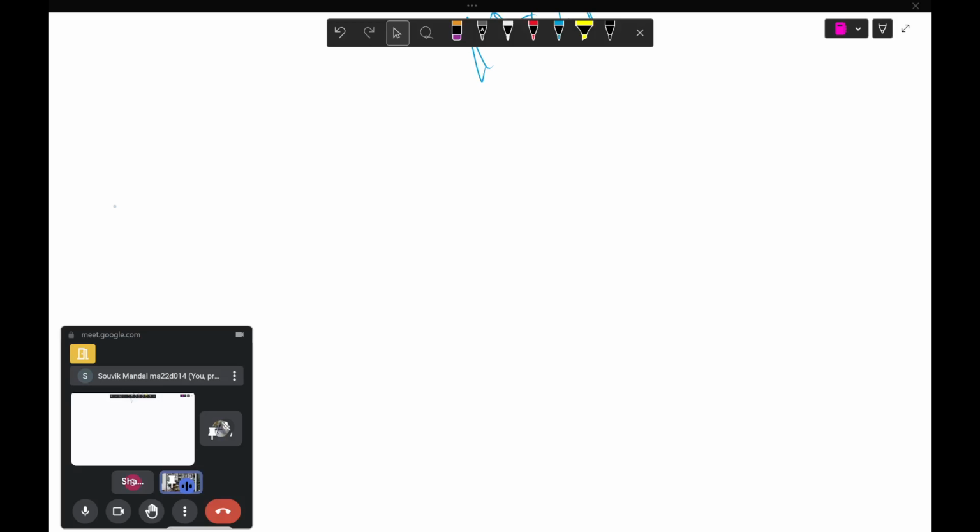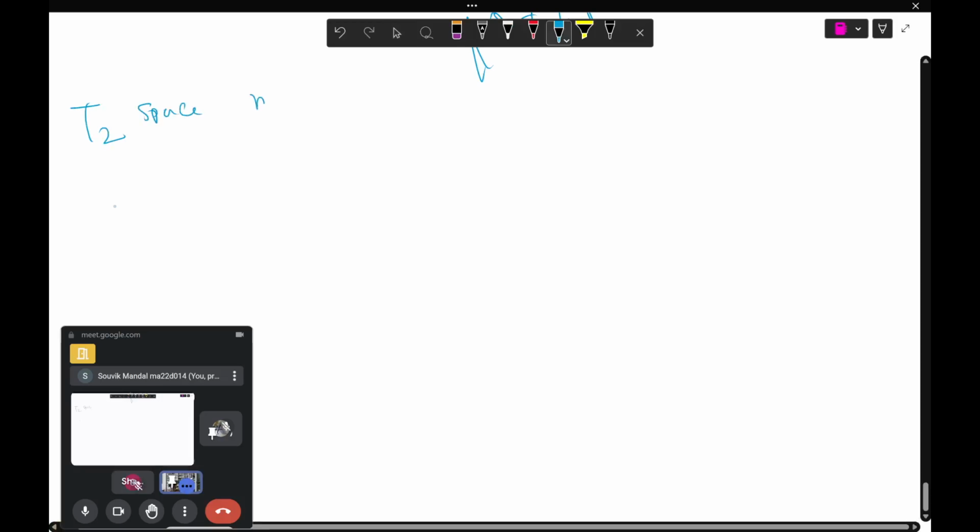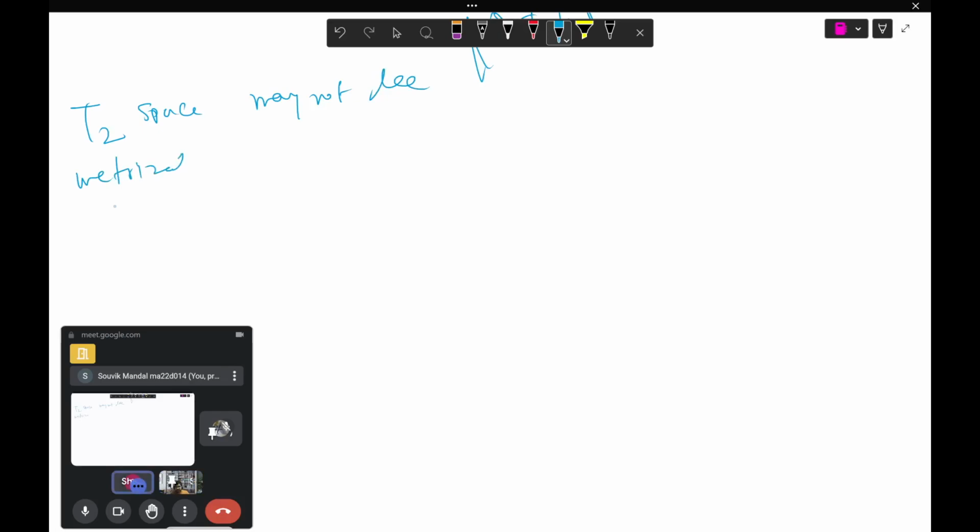So the thing is, a Hausdorff space, a T2 space, may not be metrizable. Yes, sir. Actually, metrizable spaces are Hausdorff, but the converse is not true. So can I give one such space which is Hausdorff but not metrizable? Think about it. It is not directly obvious.